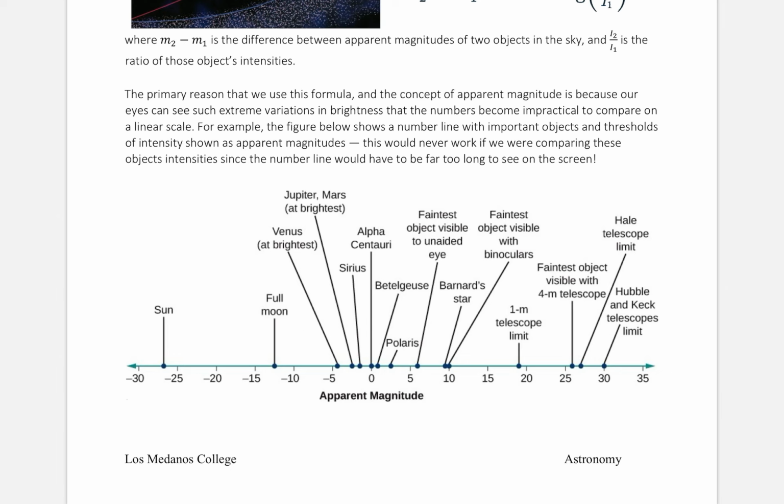So negative values are bright. And then we get to objects like Polaris, which are visible with the naked eye, but much dimmer. You can look right at Polaris, or even the full moon, which has a value of about -12 for its apparent magnitude. But getting back to Polaris, it actually has a positive value of about 2. So that would mean it's much dimmer.